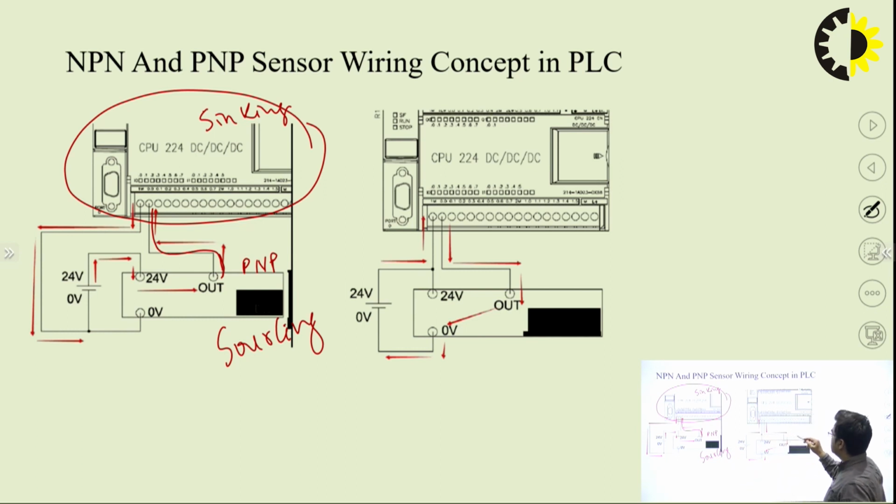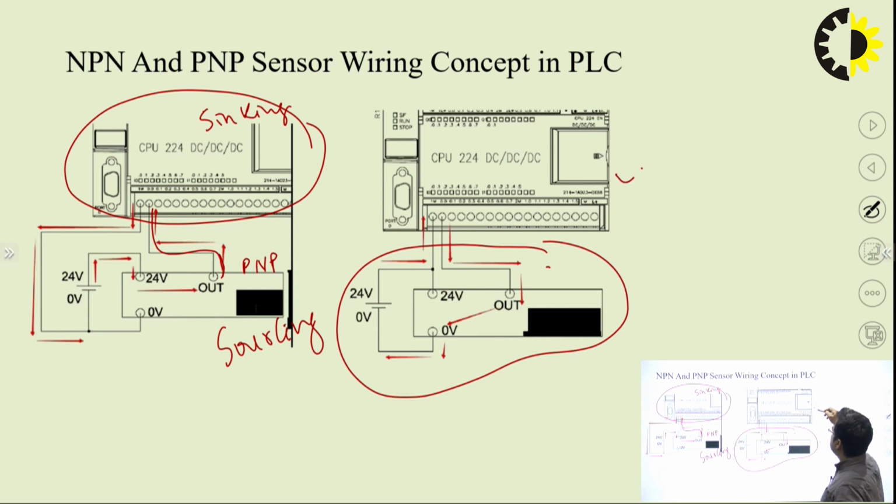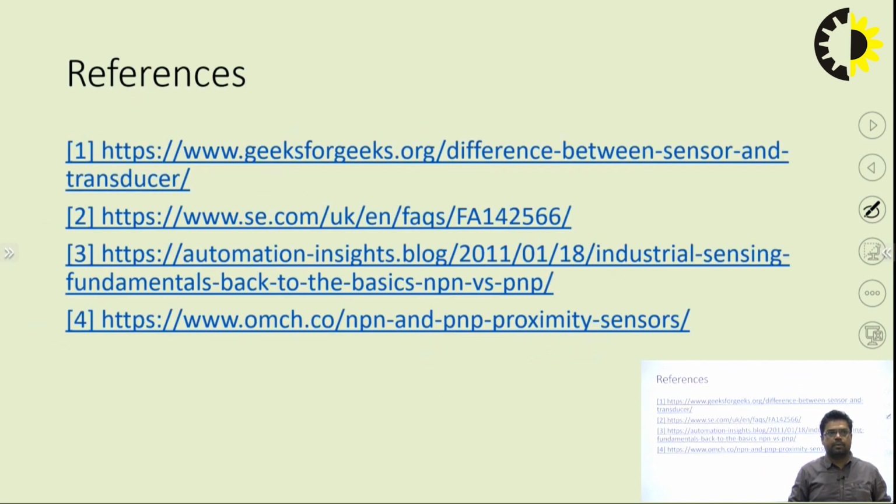Similarly, this is a sinking type of wiring, and this PLC should be sourcing type. This kind of concept is used when we connect NPN type or PNP type sensors.